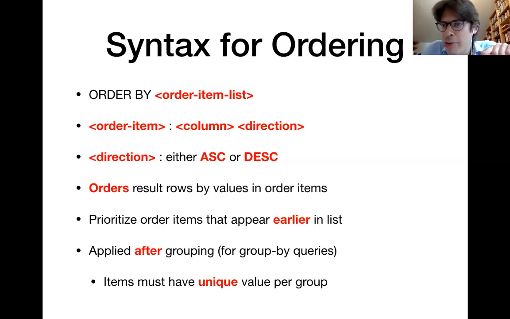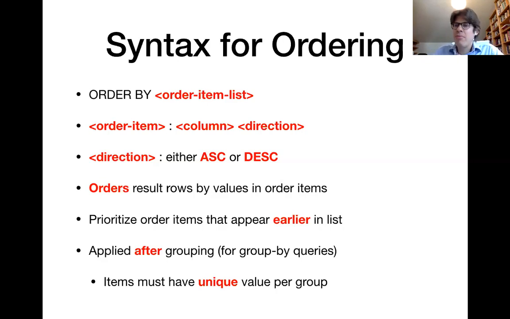And then for those rows which have the same value in the first order by item, it will look at the second order by item and sort by that. And if it also has the same value there, then it will look at the third one and so on. So the priority for sorting is on the items that appear earlier in your order by clause.